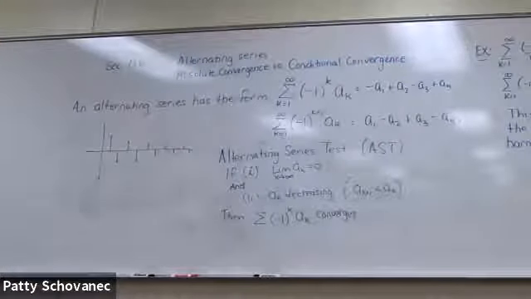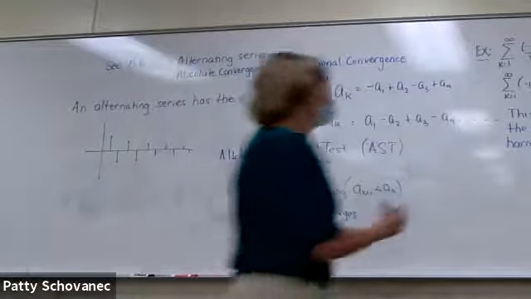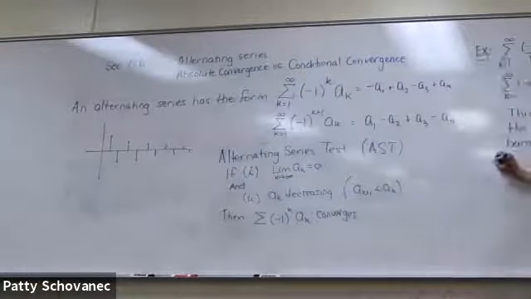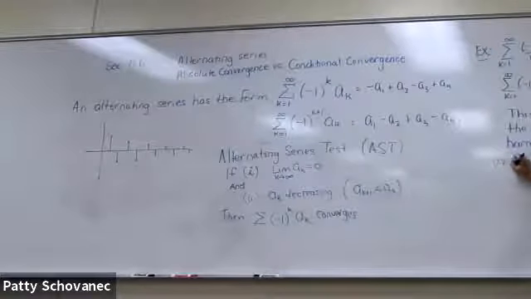I'll show you that it converges by doing the 2 steps. Using the alternating series test, I have my step 1. I take the limit as k goes to infinity of 1 over k, and that's obviously 0.